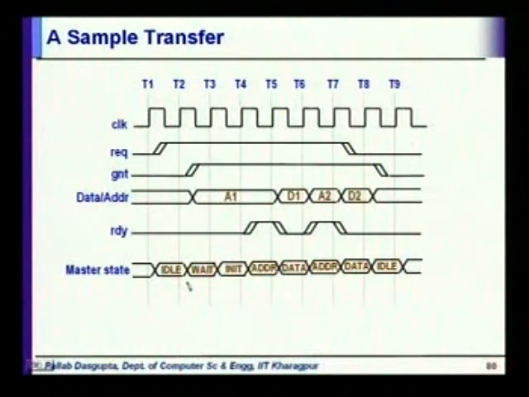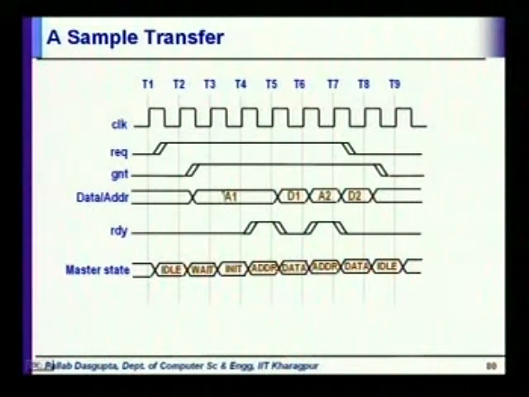So, a simple transfer looks like this, that see request is raised first, and then let us say the arbiter gives the grant in the next cycle. Okay. As soon as it gets the grant, it floats the address, right. The address is floated, and then it waits for the slave to be ready.